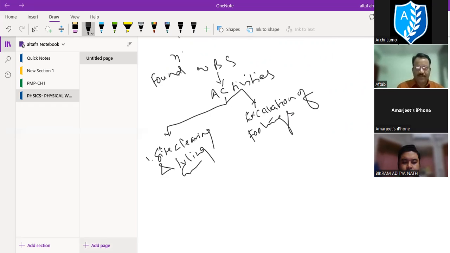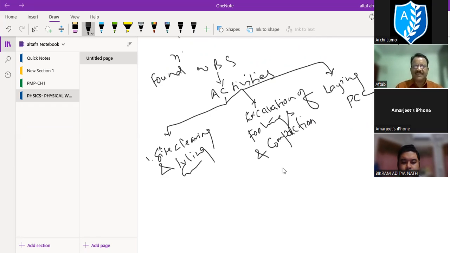Now, the third activity may be laying PCC. Once the footing is excavated and compacted, I should write compaction also, compacted up to 95% MDD, moisture density.